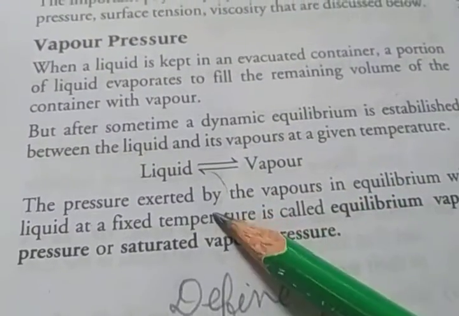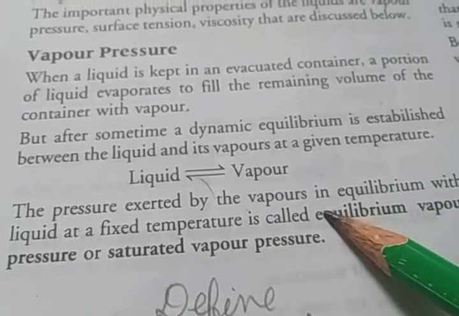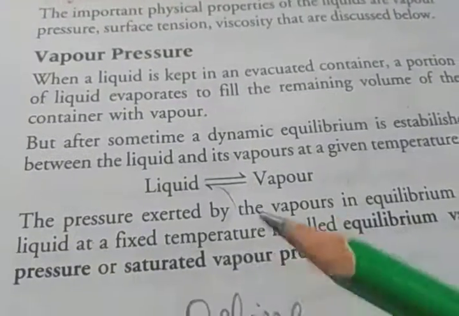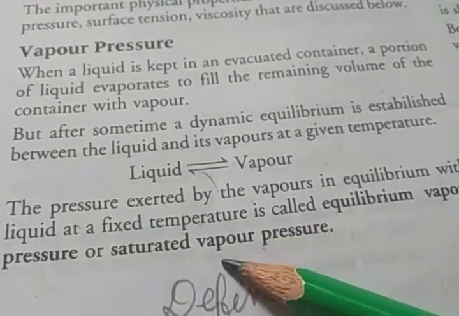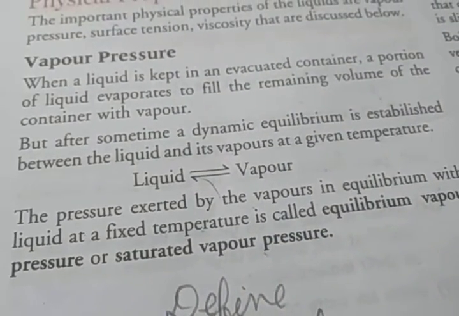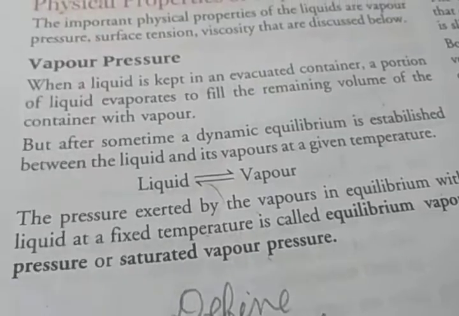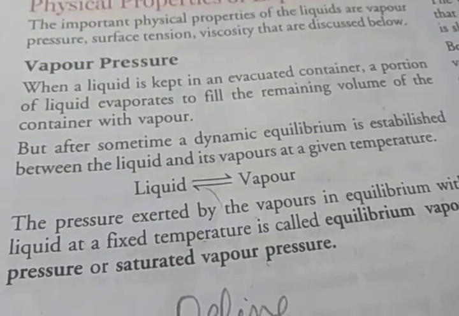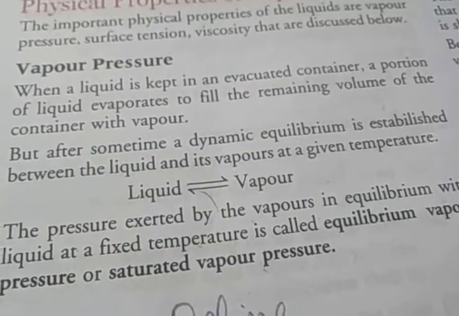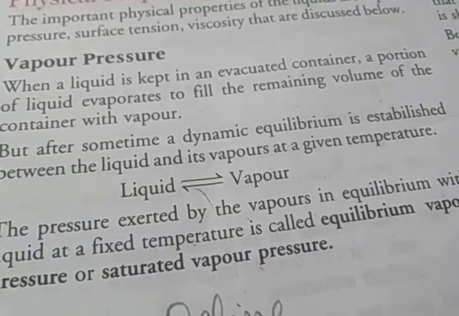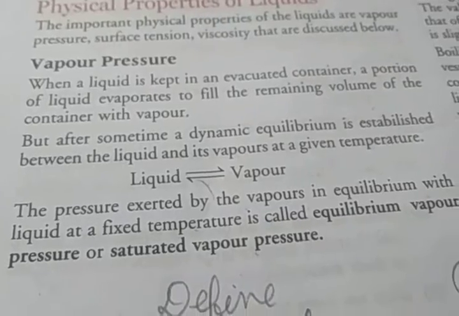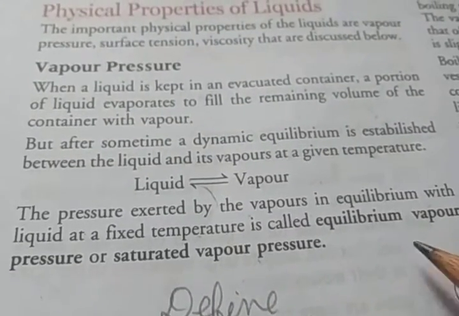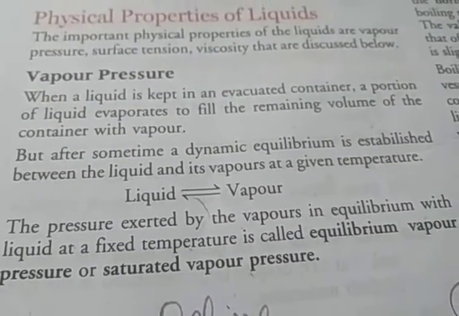So the pressure exerted by the vapors in equilibrium with a liquid at a fixed temperature is called equilibrium vapor pressure or saturated vapor pressure.